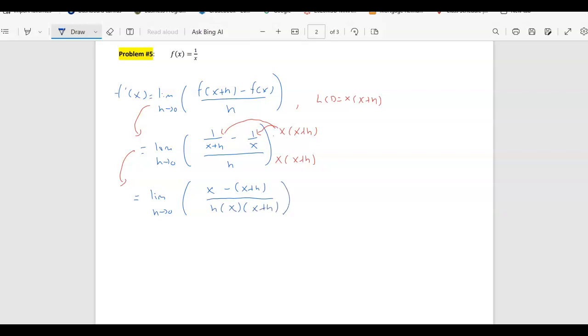And then keep in mind that the LCD, once you multiply it times x plus h, cancels the x plus h, but not the x. So that would be this x. And then from this one, only the x, so leaving us the x plus h. And then we have to be very careful here. We're going to be distributing out that negative value.